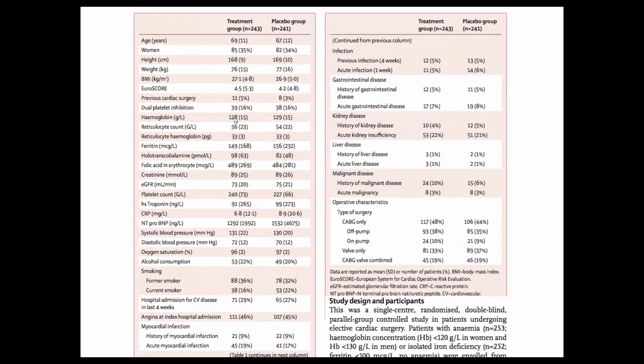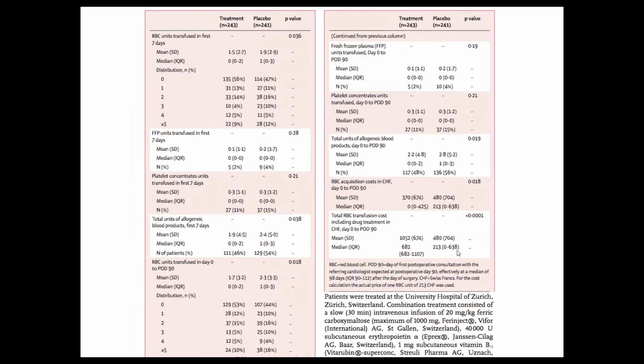Hemoglobin levels were actually a bit on the anemic side, 12.8 grams per deciliter compared to 12.9, when we would expect 14 ideally, and had some evidence of iron deficiency anemia as shown here, and their operations were similar in both groups.